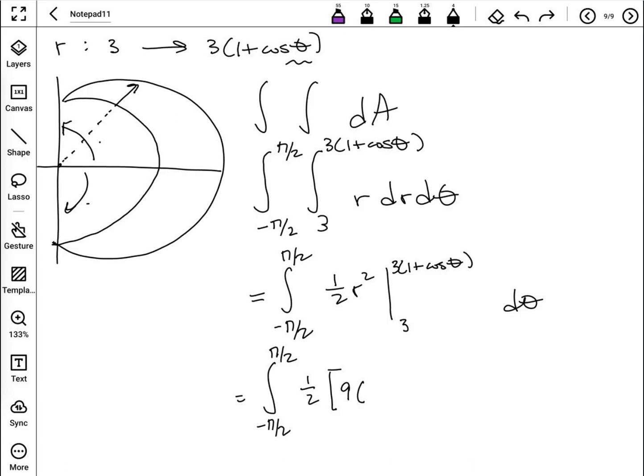Let's think about it. I guess I'm going to multiply it out. 1 plus 2 cosine theta plus cosine squared theta minus 9 d theta.